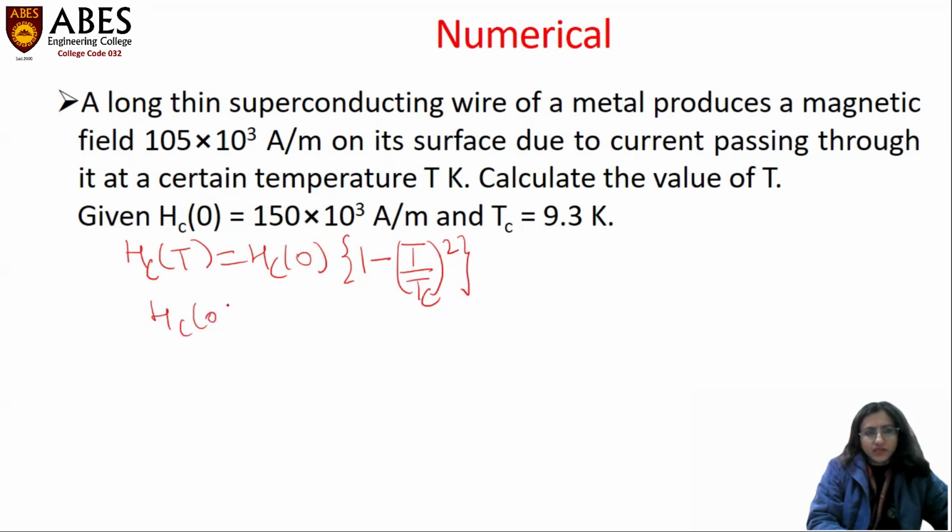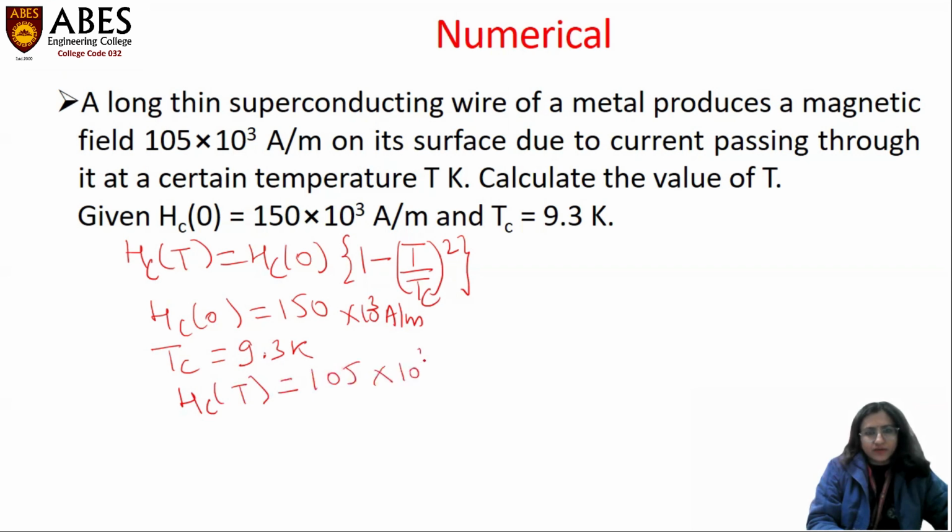In this question, HC0 is given as 150 × 10^3 ampere per meter, TC is given as 9.3 Kelvin, while HCT is also given as 105 × 10^3 ampere per meter. You can also guess that HCT should be lesser than HC0.